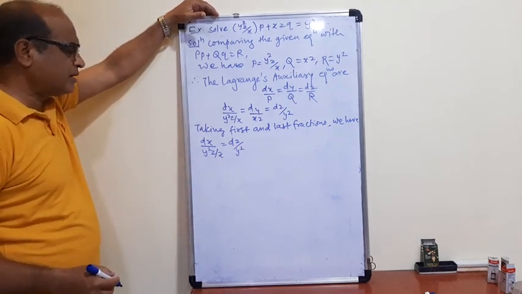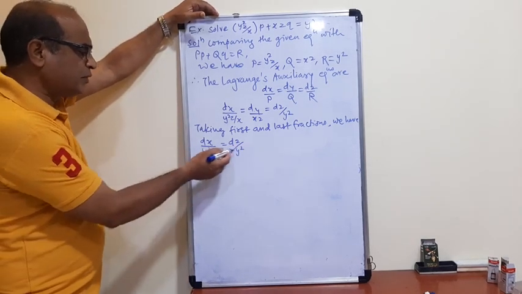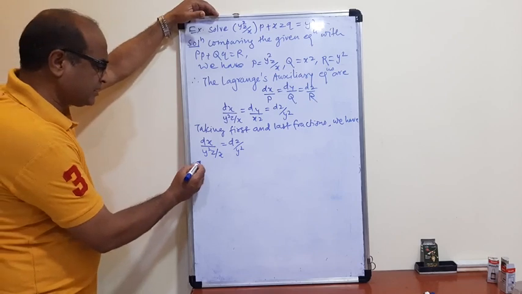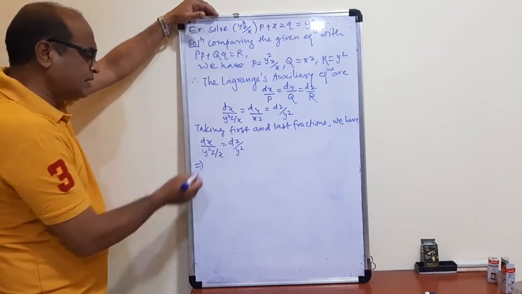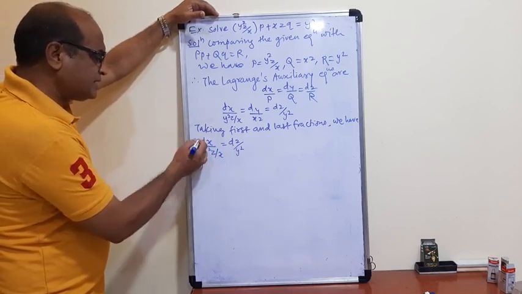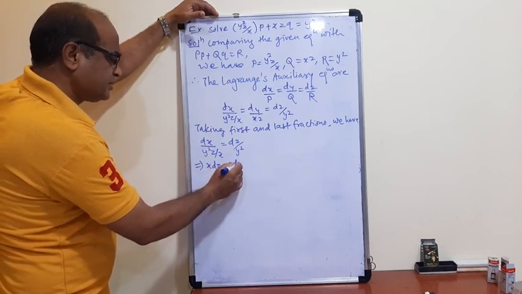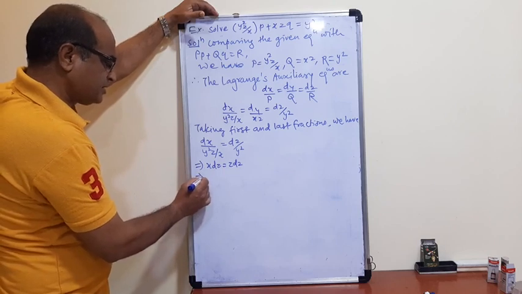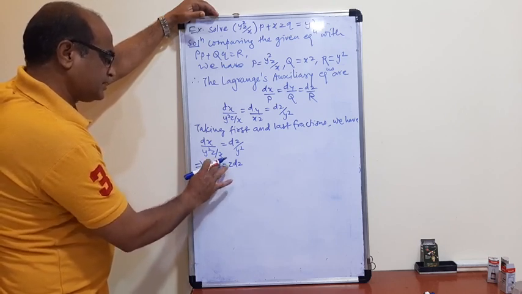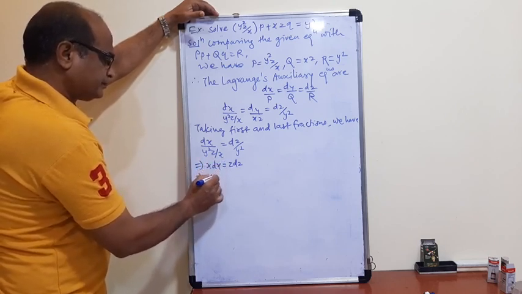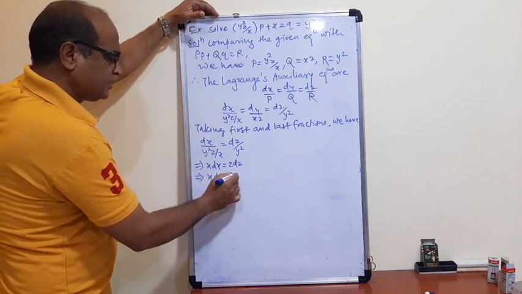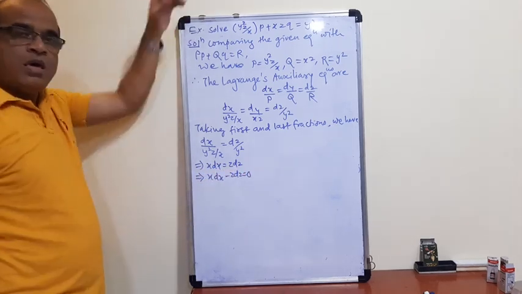So what happened here? So y square gets cancelled. So z is here, x is here. So x dx is equal to z dz. So this implies that x dx minus z dz is equal to 0.